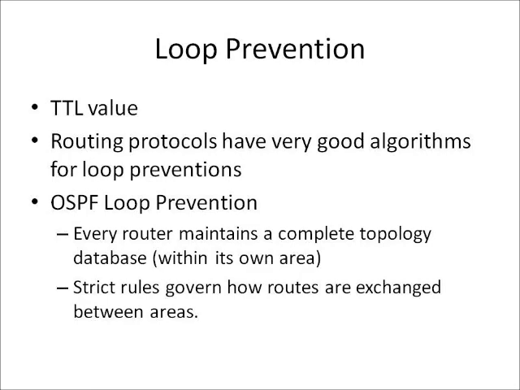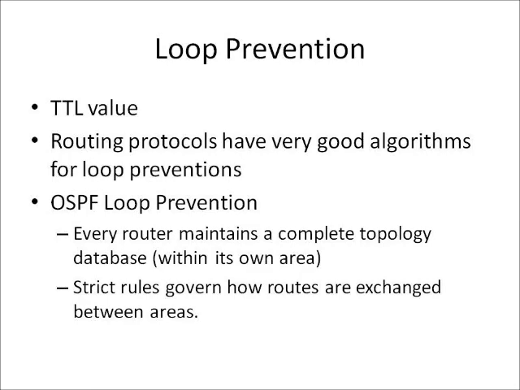IP routers actually have great tools for loop prevention versus the tools that we just talked about as far as Ethernet switches go. The first thing I mentioned previously is this concept called TTL, or time to live. Built into IP is the ability to do a countdown of how many times a network routing device has touched an IP packet.